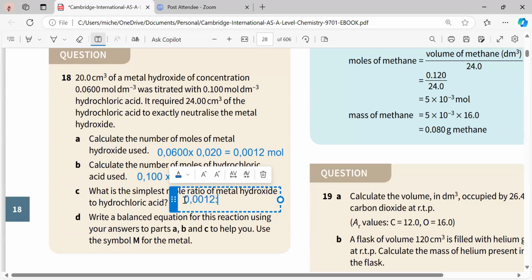So that would be 0.0024. So here we have it. As you can see, it's pretty clear. 12 divided by 12 is 1, and 24 divided by 12 is 2. So here is the ratio, 1 to 2. So this is the simplest ratio.